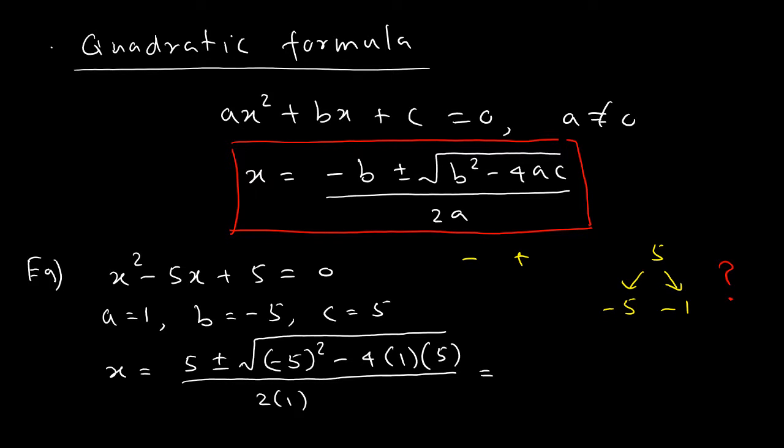So let's simplify. You have 5 plus or minus the square root of negative 5 squared, which means 25. When you multiply 4 and 5, you get 20, over 2.